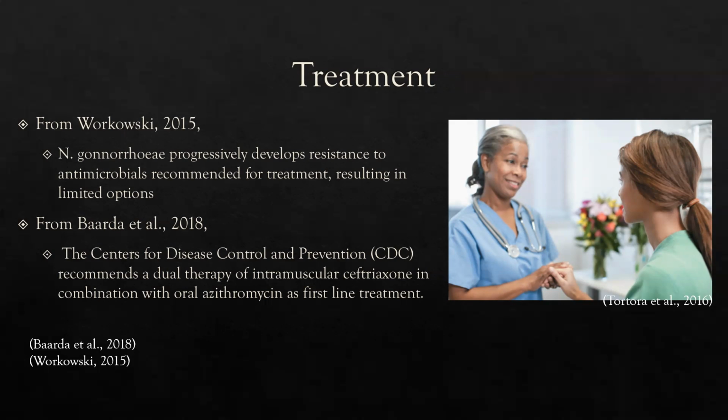And as we touched on earlier with its structure, we stated those primary structures that allow for this high adaptability. This then results in progressive treatment that needs to be researched, because there are always antimicrobial-resistant strains of this bacteria. So we see that gonorrhea progressively develops resistance to antimicrobials that are recommended for treatment, which then results in limited options.